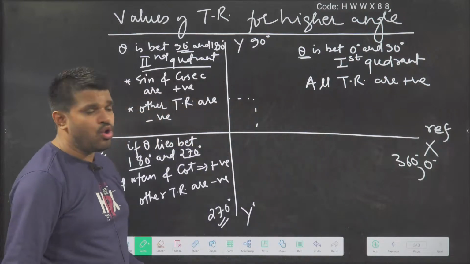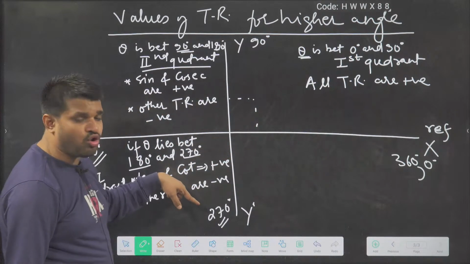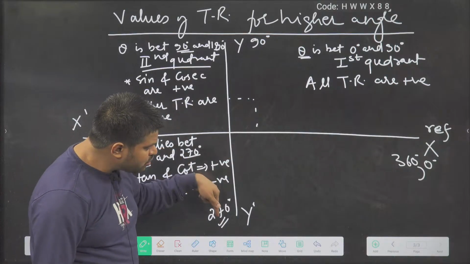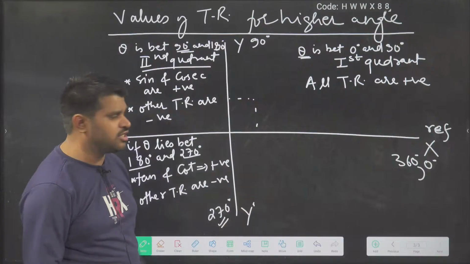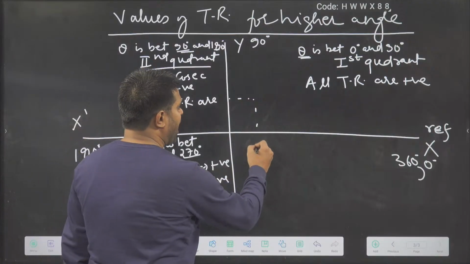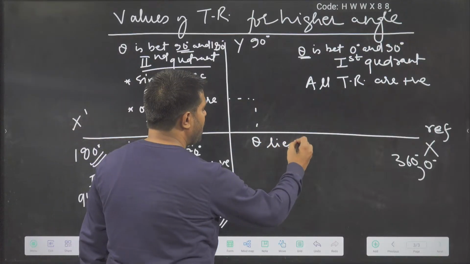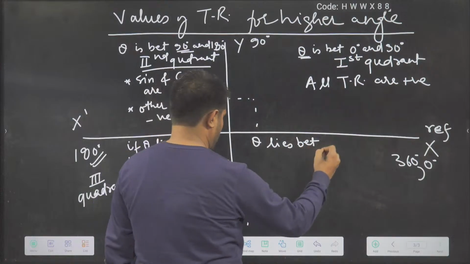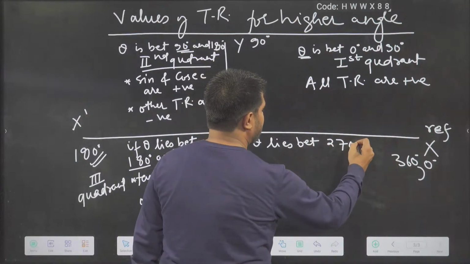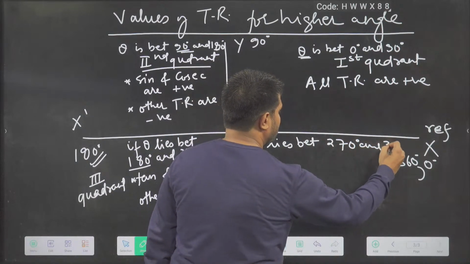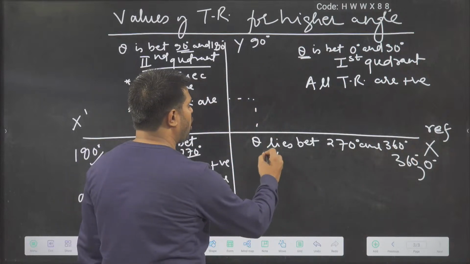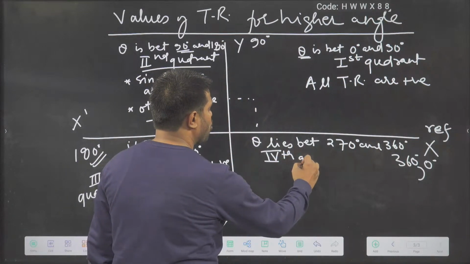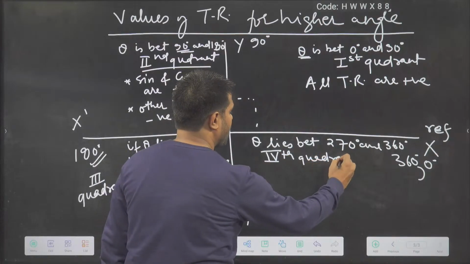Now coming to our fourth quadrant. The fourth quadrant is from 270 to 360. If the angle theta lies between 270 degree and 360 degree, then we call it a fourth quadrant angle.